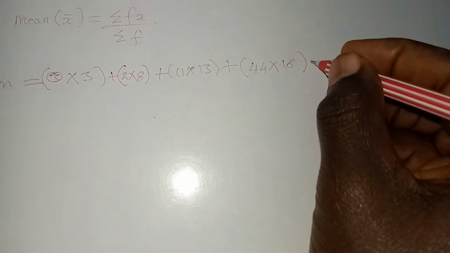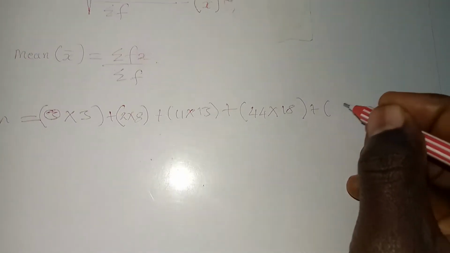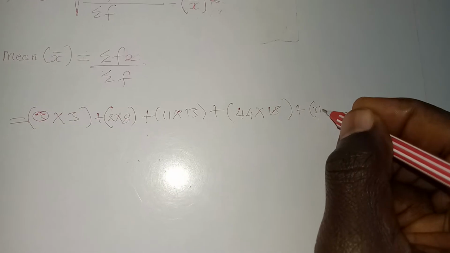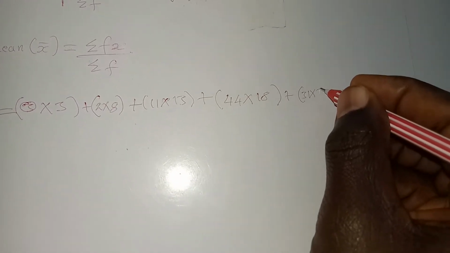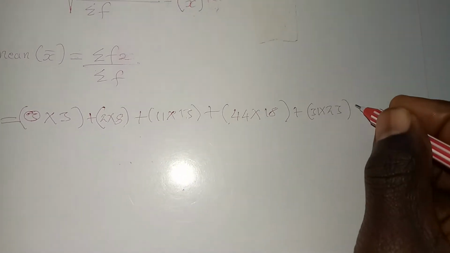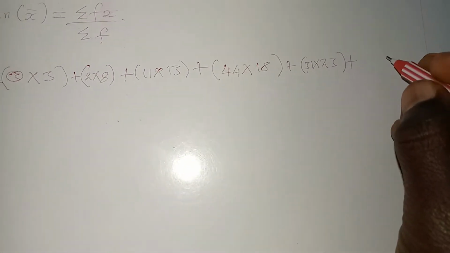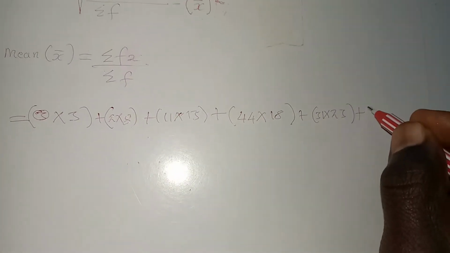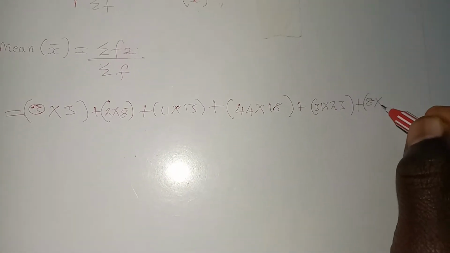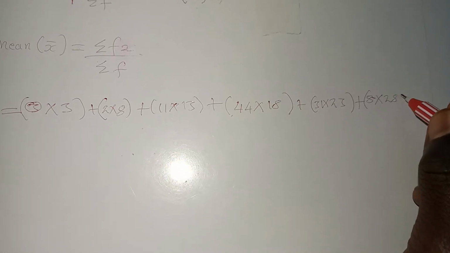So here, plus 31 times 23 in brackets, plus 8 times 28.